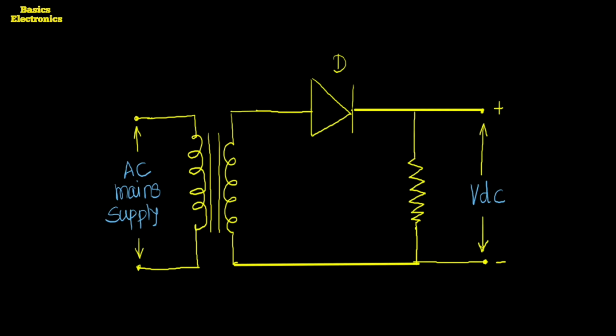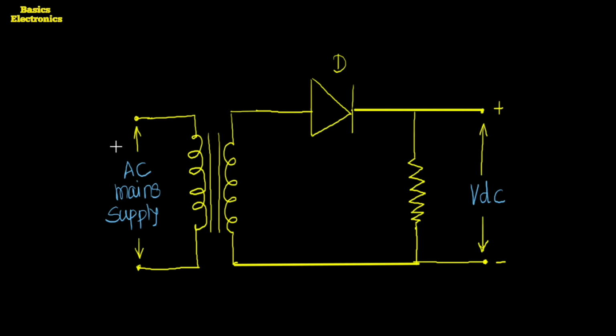But before going towards the examples on this half wave rectifier, I would like to tell you in brief the working of this half wave rectifier. This half wave rectifier uses one transformer. That transformer we call a step down transformer, having a lower secondary voltage than the primary voltage.